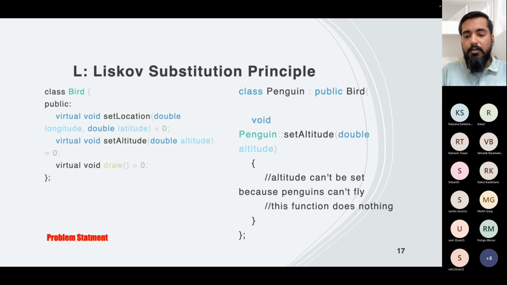So it does not satisfy your principle because you have something which is not used. If an overridden method does nothing, or just throws an exception, you are most probably violating your Liskov substitution principle.